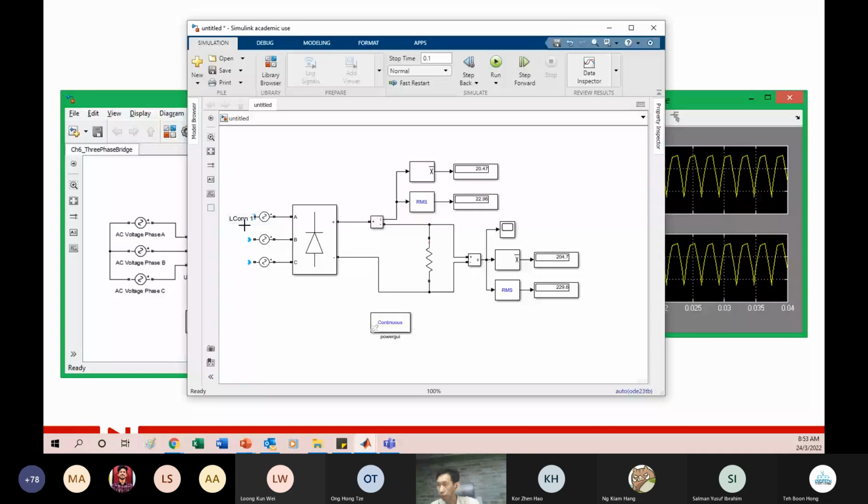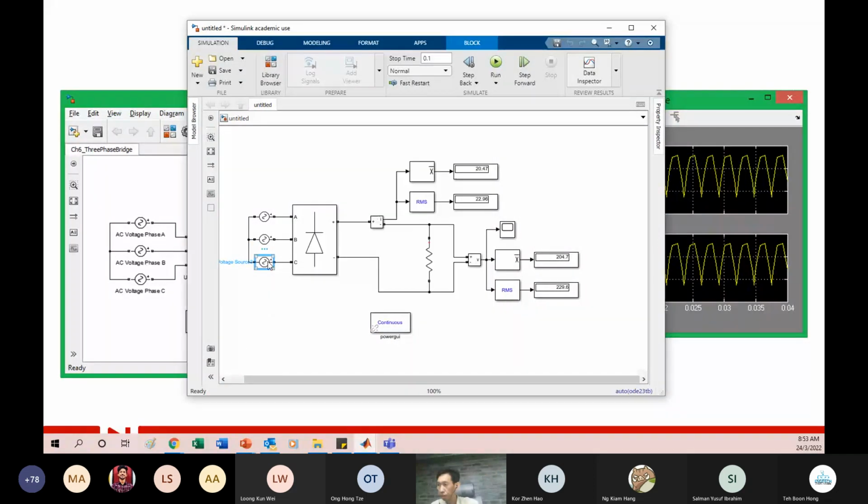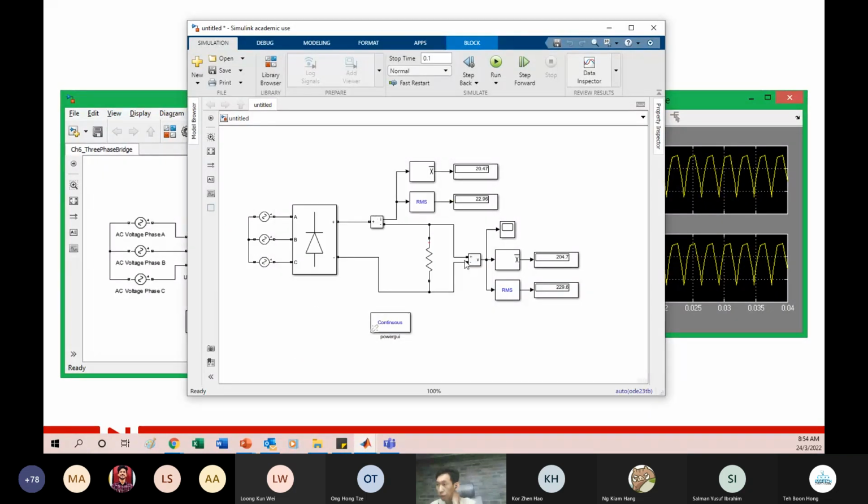And bear in mind, in three-phase, they will have an angle of negative 120 degrees, and this one is positive 120 degrees. So the rest is the same.